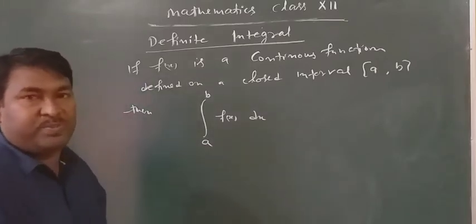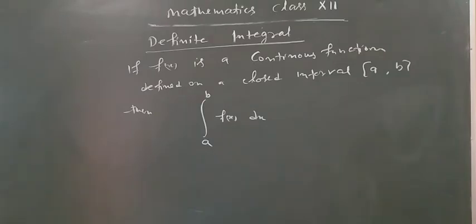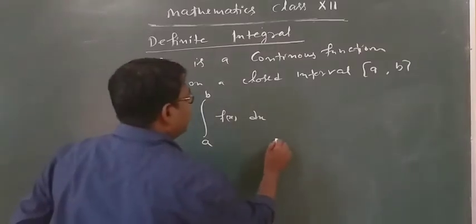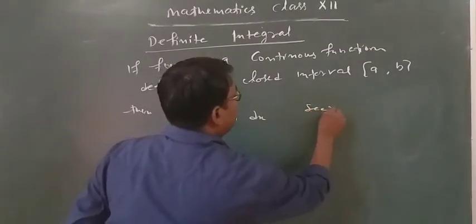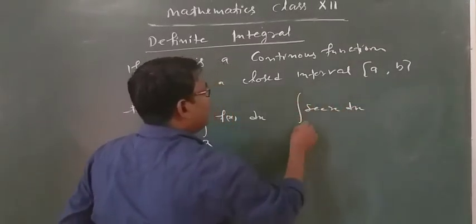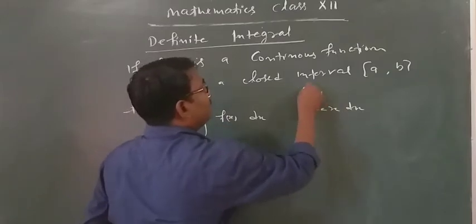I am going to explain by taking some examples. For example, sec x dx from 0 to pi by 4.